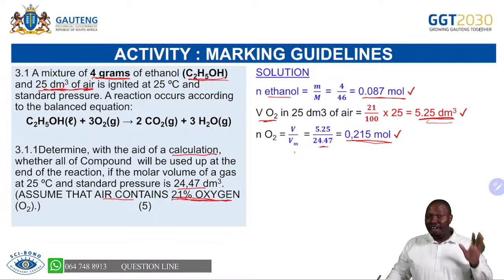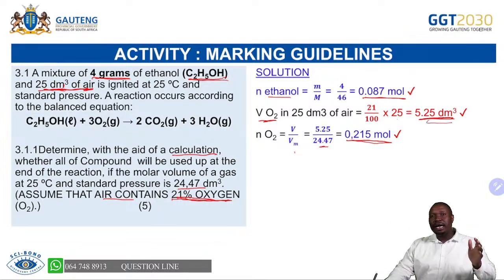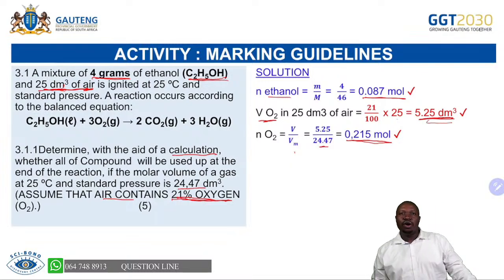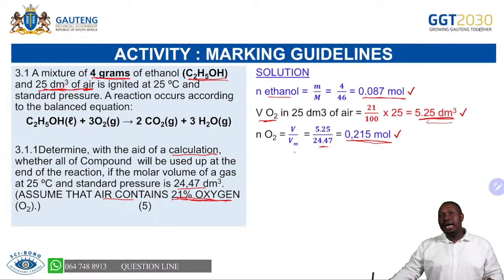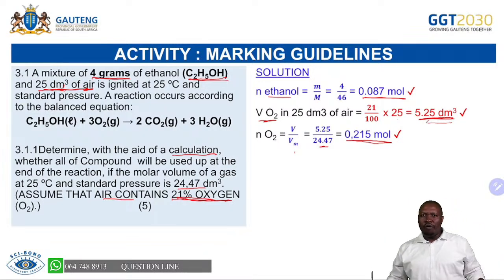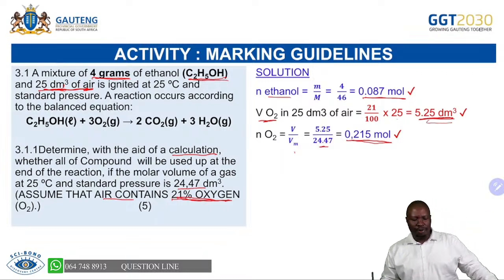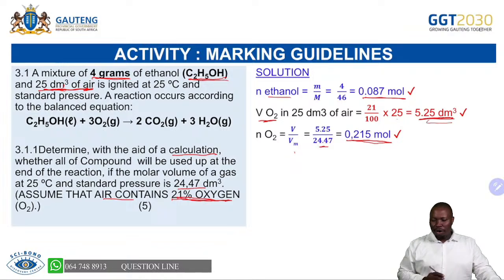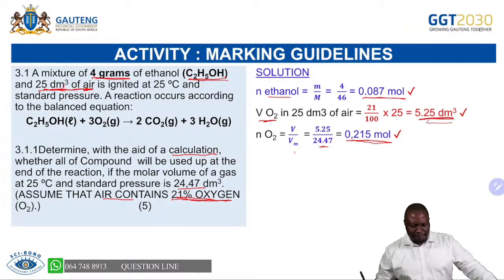So you see, of the 5 marks, you are working for them. The first mark was to calculate the number of moles of ethanol. The second mark was to calculate the volume of oxygen using the 21% that was given of the 25 cubic decimeter. So when you have done that, you have your 3 marks there.